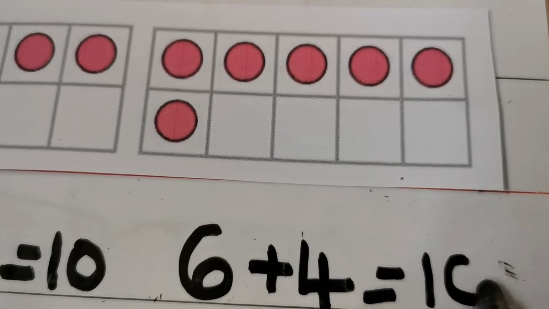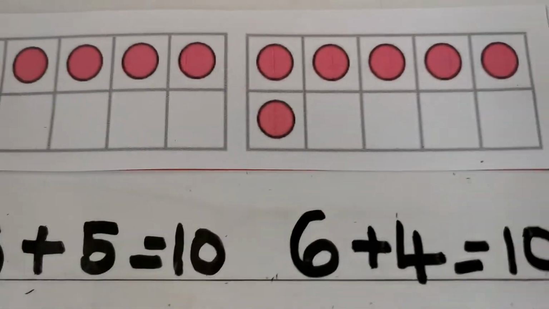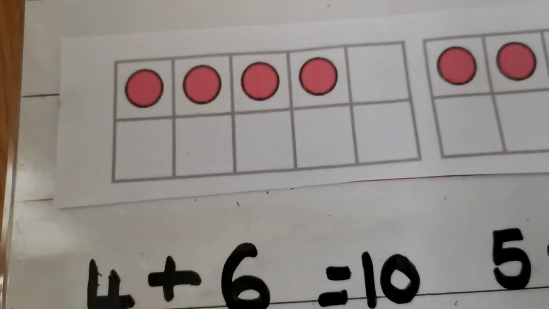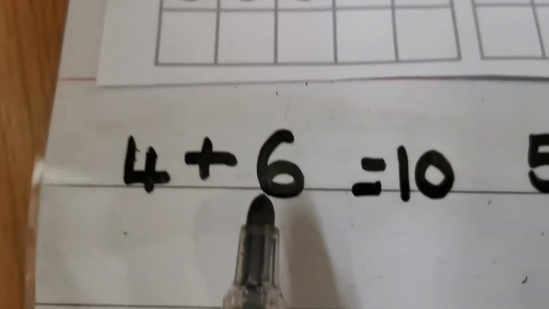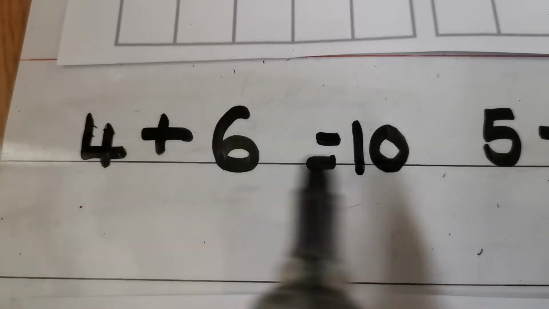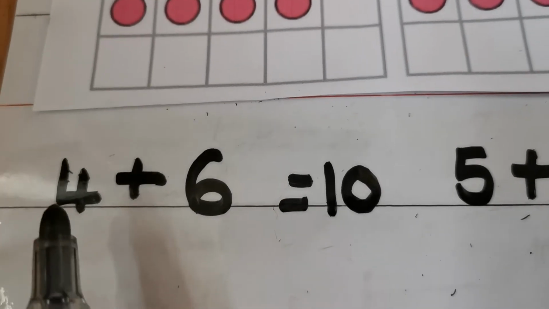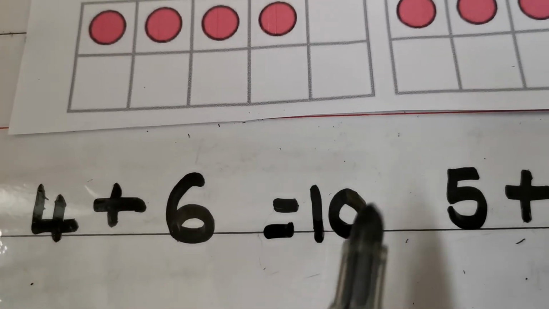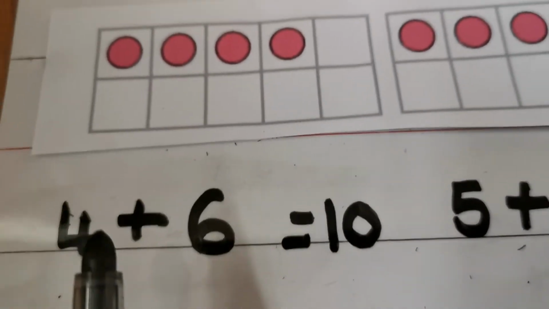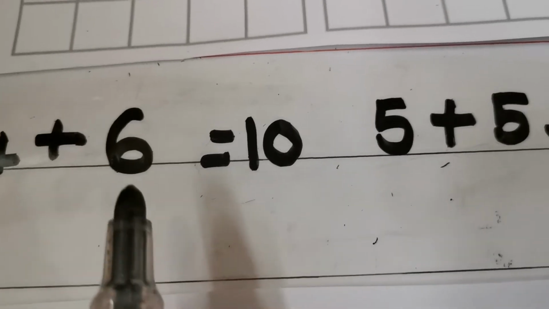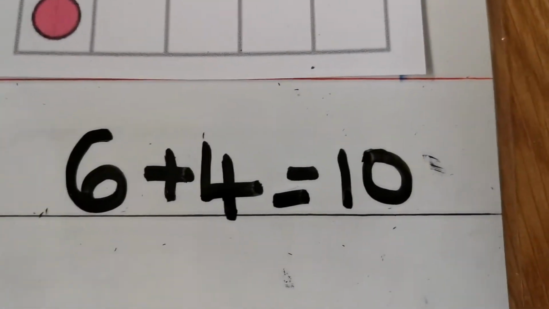Now, if you can't see it on my screen because it's too small, but if you have a look, over here is the switcher for 6 add 4, 4 add 6, because remember we call it a switcher because when you're adding, it doesn't matter which order the numbers are in, you can put them in any order and they still make the same total. You can't do that with takeaways, but you can with addition number sentences. So 4 add 6 equals 10. So this is the switcher. 6 add 4 equals 10.